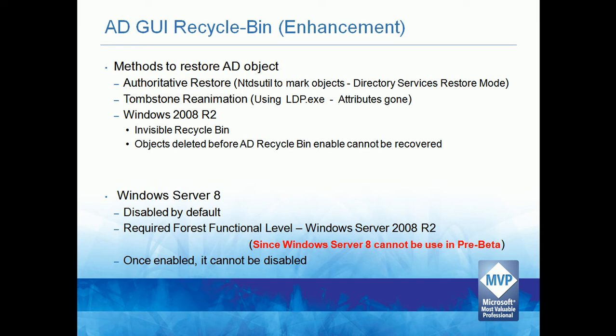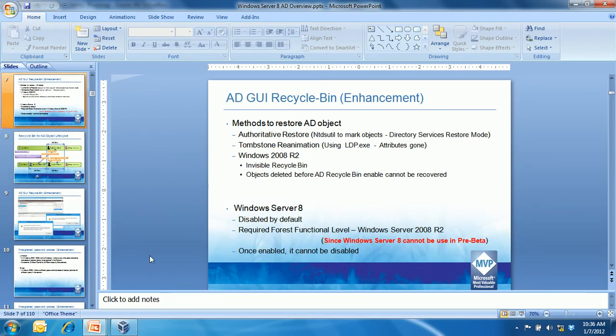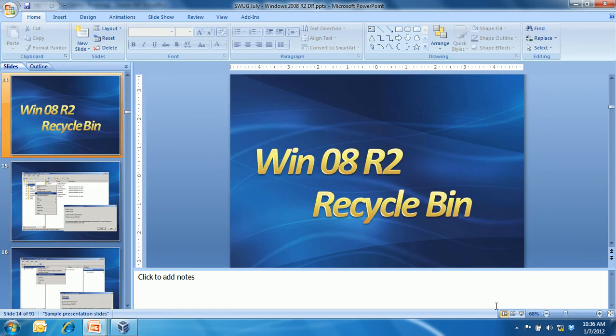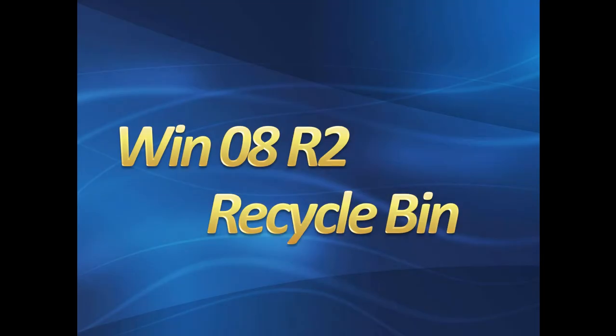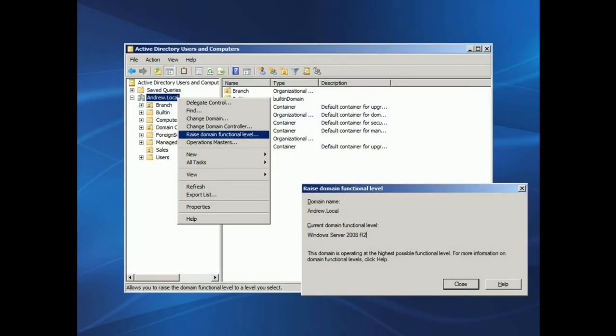If you use the previous version, 2008 R2, yes, they have a Recycle Bin, but it is so tedious. I don't know whether you have seen the slides before. Just try to recall. These will be the steps if I were to do it in Windows 2008 R2. Okay, I have to raise my function levels to R2.